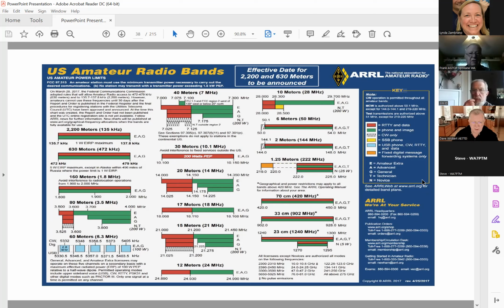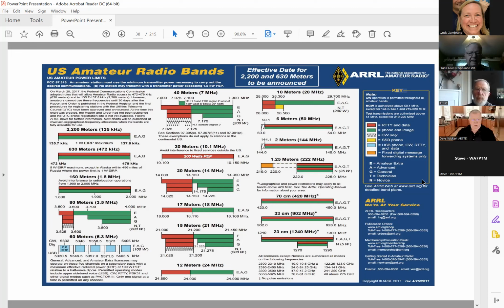You have to understand that back in the day when we first started, you take a look over here on the left-hand side, you see 2200 meters or 630 meters. That was radio back in the day. When they first started doing amateur radio, those were the frequencies that were used. And as we progressed, we kept using shorter and shorter wavelengths. And you can read this chart.